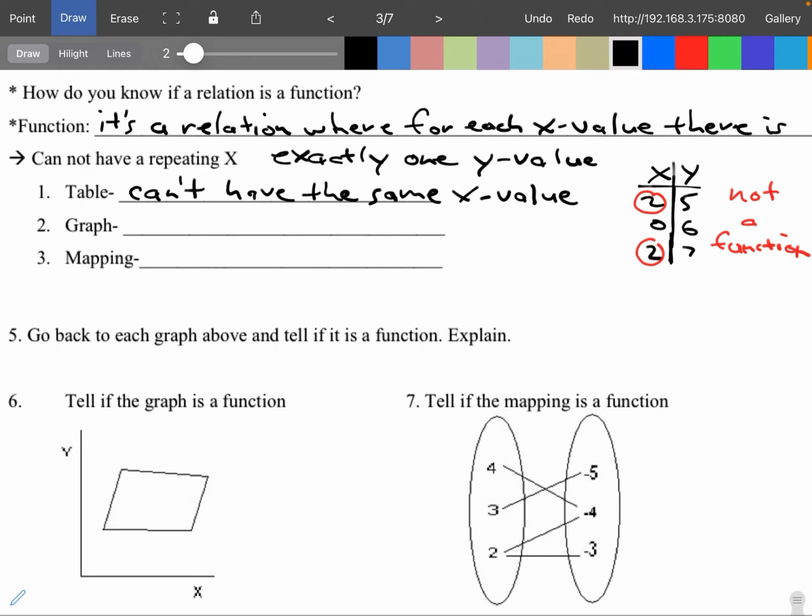So if you have a graph, you can't have one point directly above or below another point. So let me write that in here.